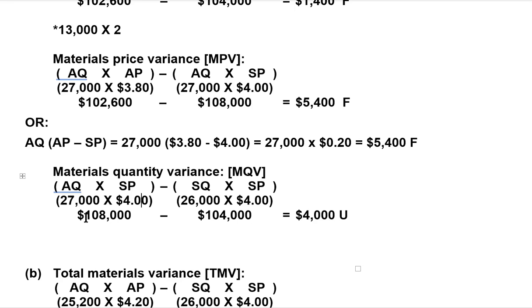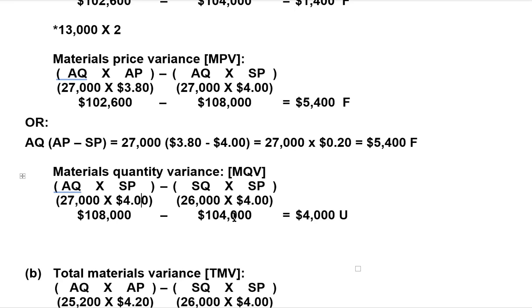This is what we should have paid based on the amount of material that we used. Here we have 26,000, which is the standard quantity multiplied by the standard price. So we should have used 26,000 pounds and we should have paid $4. And so you can see we end up with an unfavorable situation here caused by the quantity.